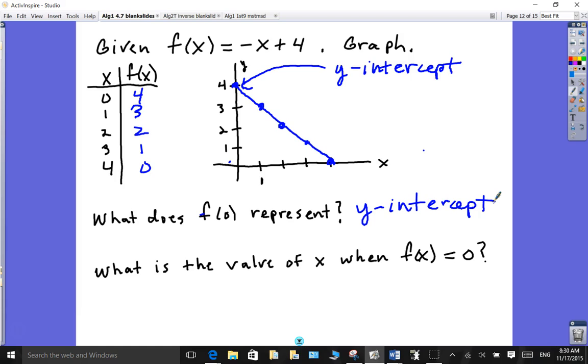And then what is the value of x when f of x equals 0? Look in your table of values. When f of x is 0, x is 4.